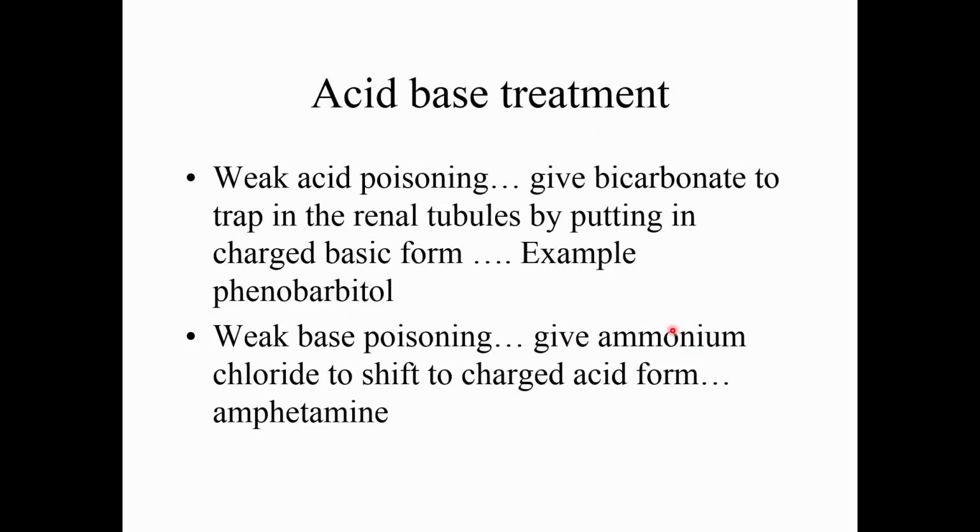You're not going to change the plasma that much because of all the buffering, but all that ammonium in the urine is going to really acidify the urine. Amphetamine is then in its charged form, and you're going to get rid of it in the urine. I'll leave that there. You can read about it in your notes, and I can address your questions about that in class when we get to this topic.